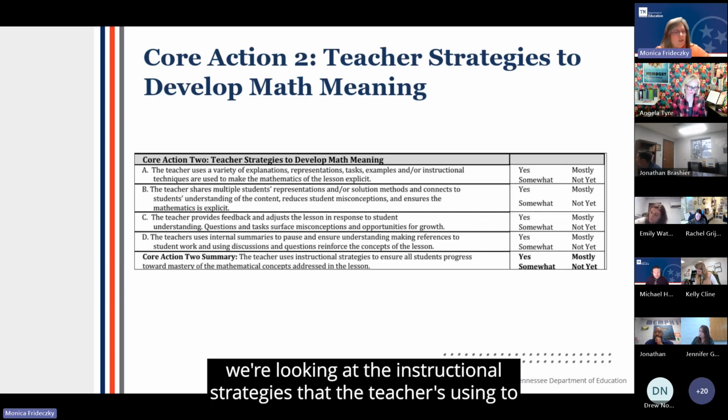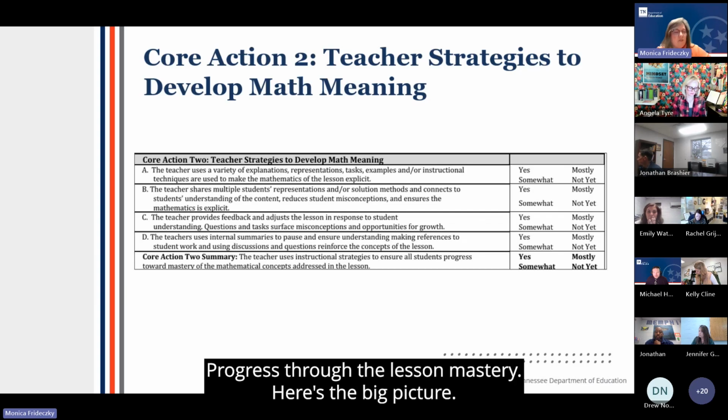With Core Action 2, we're looking at the instructional strategies that the teacher is using to support students' progress through the lesson mastery. Here's the big picture.